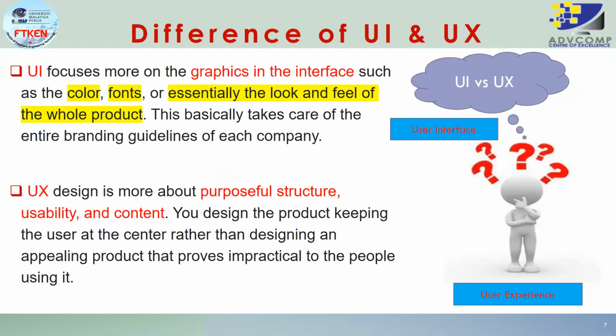While UI, the user interface, focuses more on the graphics in the interface, for example, the colors, the fonts, or essentially the look and feel of the product. All these factors take care of the entire branding guidelines of each company.